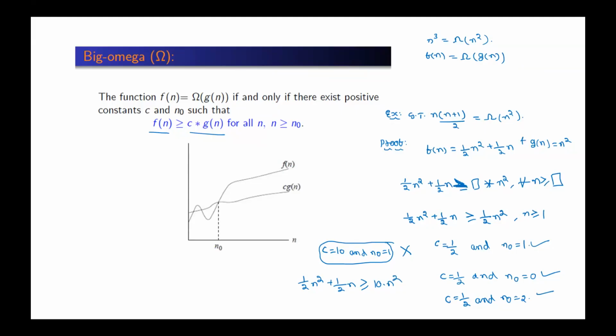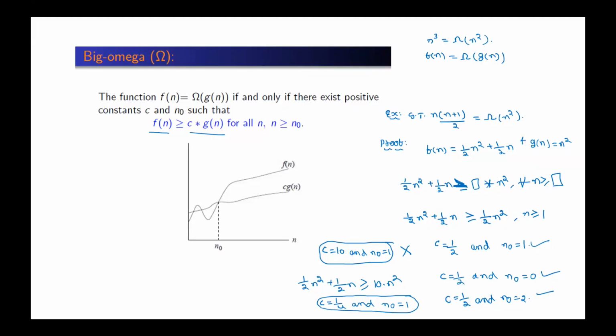But if it is true for c equal to 1 by 2, whether it will be true for c equal to 1 by 4? c is on the lower side. This will be true.